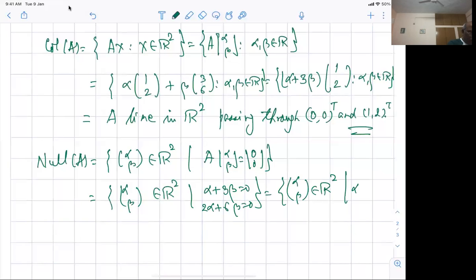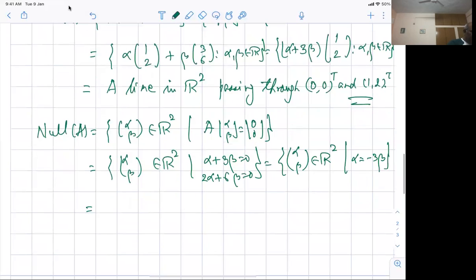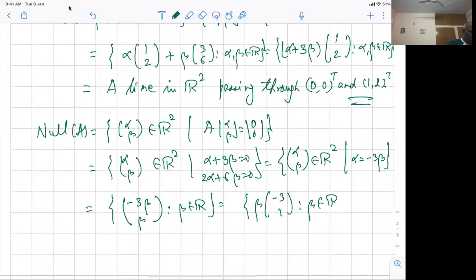that alpha is equal to minus 3 beta, which is the same as, let's replace alpha by minus 3 beta, (minus 3 beta, beta), beta belonging to R, which is the same as beta times (minus 3, 1), beta belonging to R. Fine.